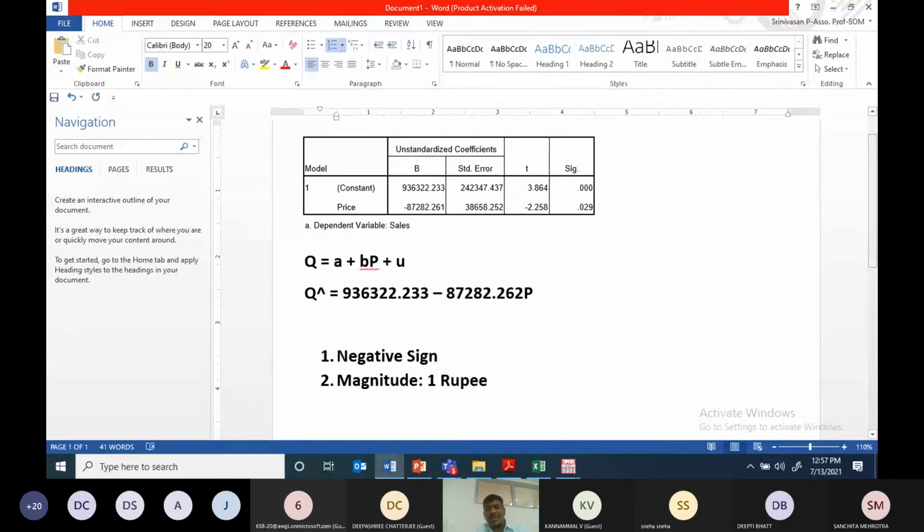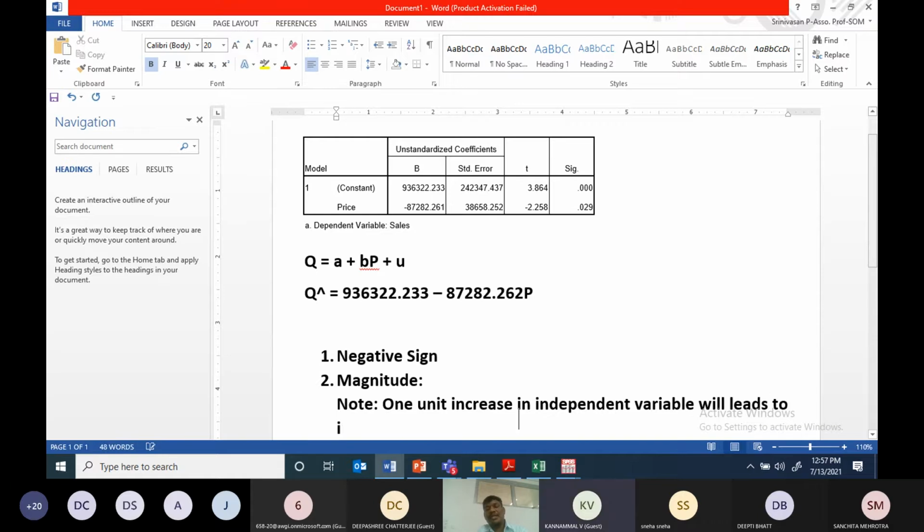Otherwise, in general, make a note. 1 unit increase in independent variable leads to increase or reduction in the dependent variable by so many units.